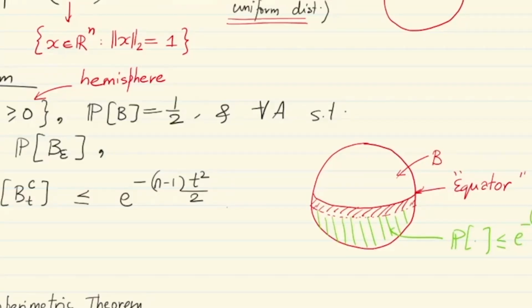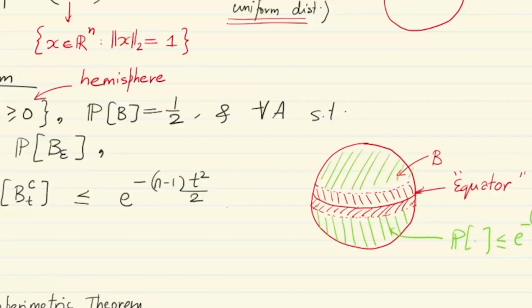Okay, and in fact one can run the same argument with the southern hemisphere to basically say that you go a little north of the equator. And whatever is the remaining mass has extremely low probability.